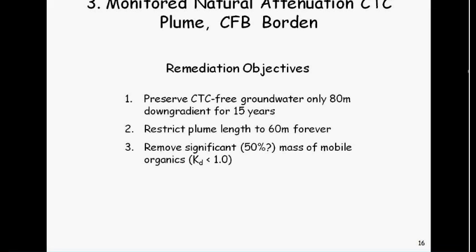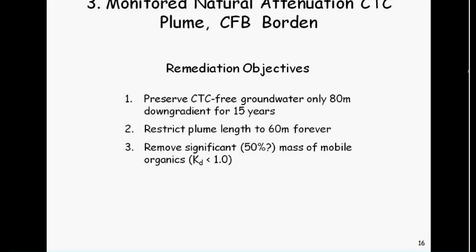What we'd like is the long-term plume not to be more than 60 meters. We could afford to give up 60 meters of aquifer, but no more. And just to show good faith, we wanted to remove a significant amount of mobile organisms. We wanted to show that we weren't just doing nothing, but in fact we were monitoring nature, which was doing quite well. So, short plumes and mass being removed are our objectives.